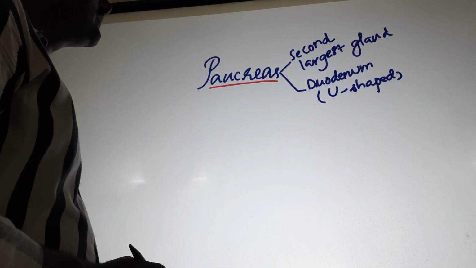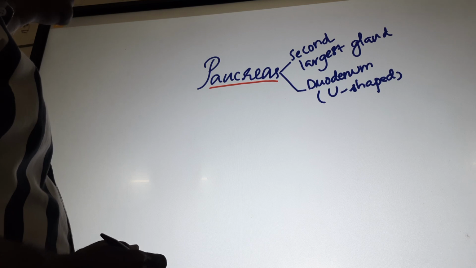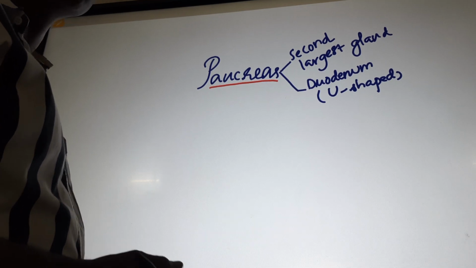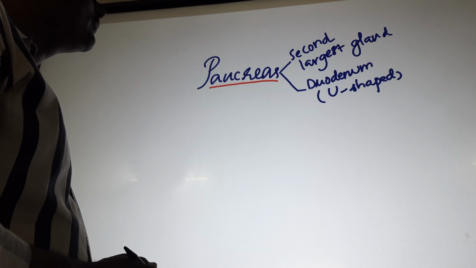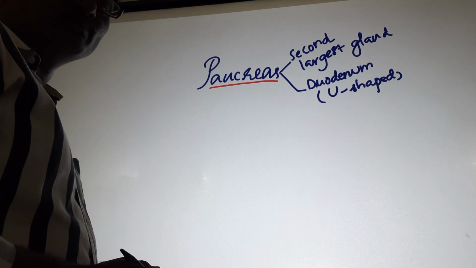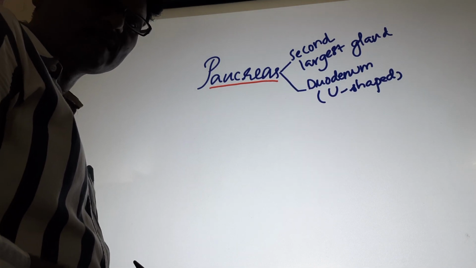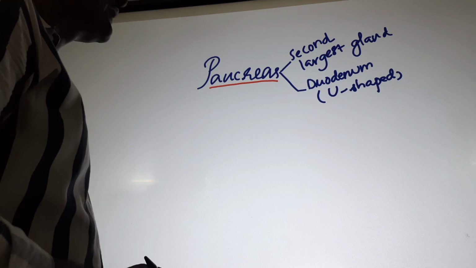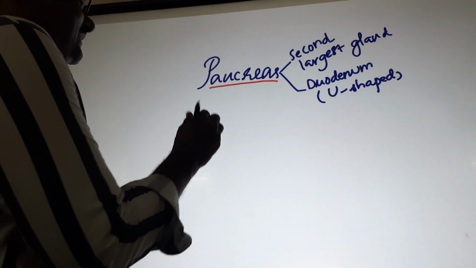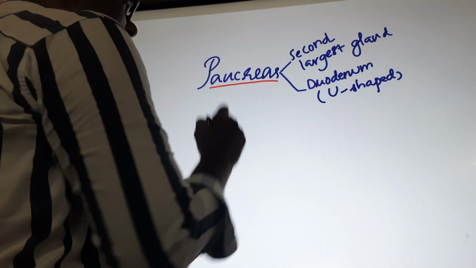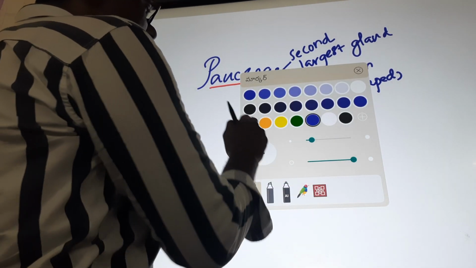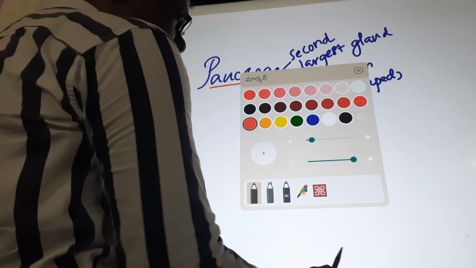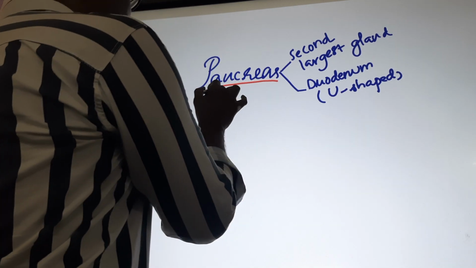What is another word for pancreas? Two more words I have known. They are mixed gland as well as heterocrine gland. You see, pancreas is mixed and also heterocrine gland.